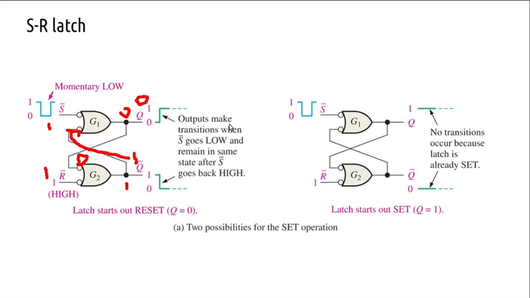I'll erase all this, and now momentarily S goes 0 and R is still 1, R bar input is still 1, these are active low inputs. So a 0 has come here.